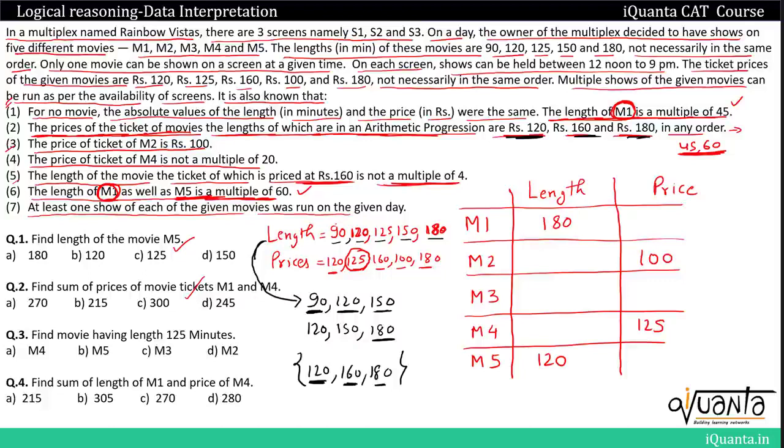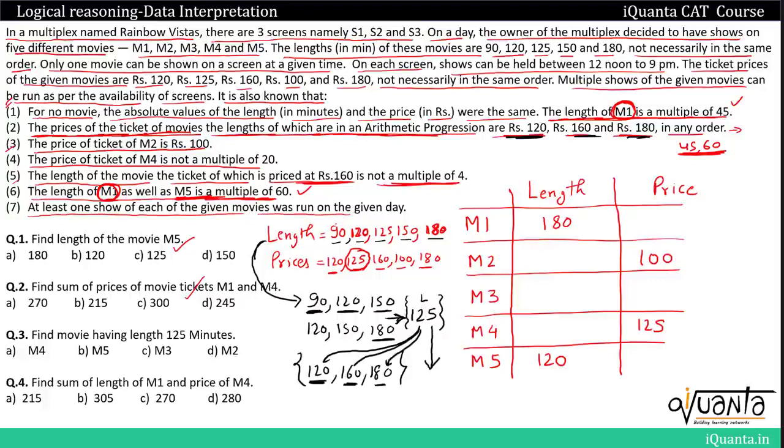So what can we make out from this information? We can say that the movie of length 125 is not a part of this AP. So the movie having length 125 cannot have prices 120 or 160 or 180.